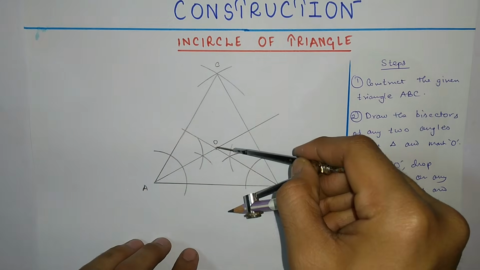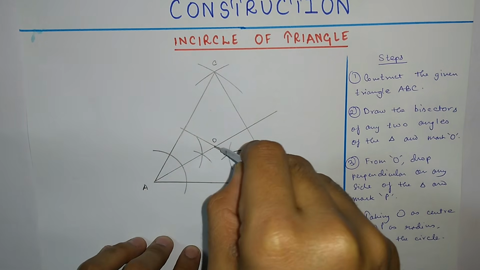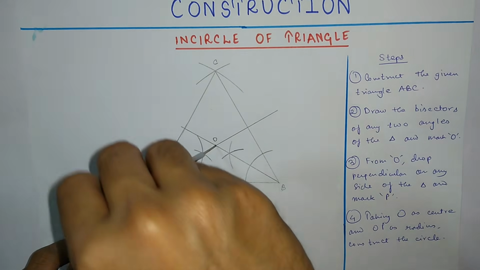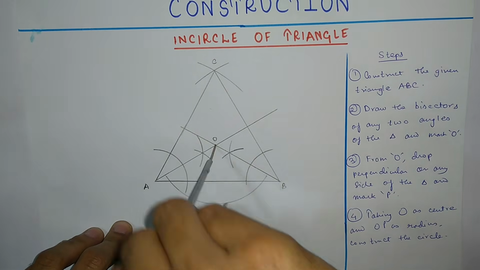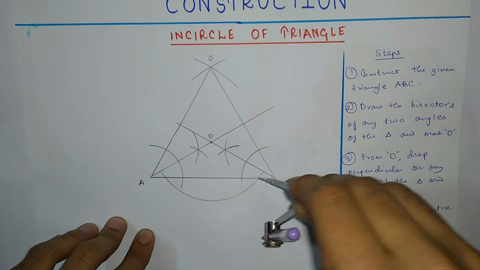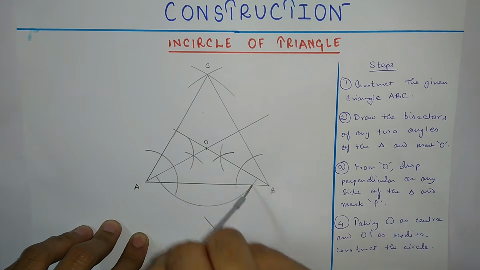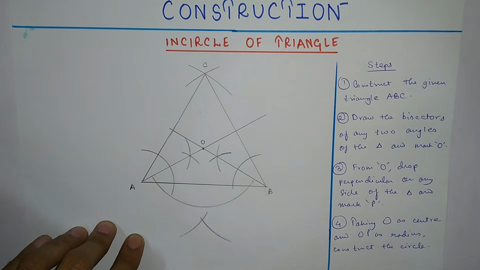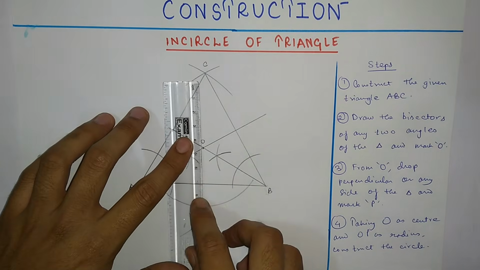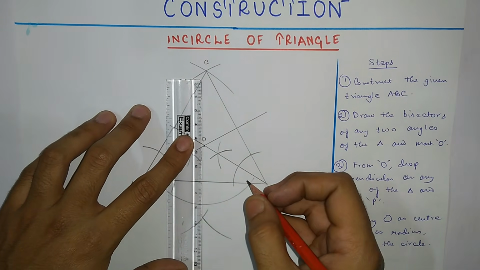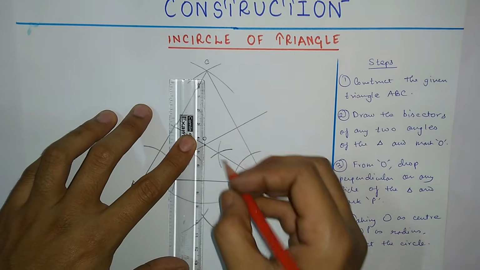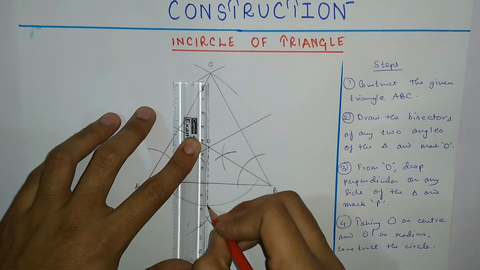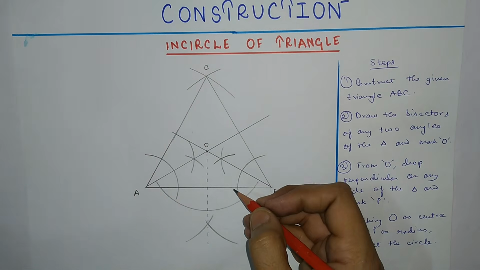Take a compass, put it at O over here, and you have to just join O from this. Make a dotted line and mark this point as P.